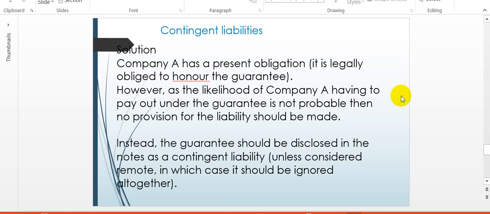Instead, the guarantee should be disclosed in the notes as a contingent liability. Unless it is considered to be remote, in which case we would ignore it.